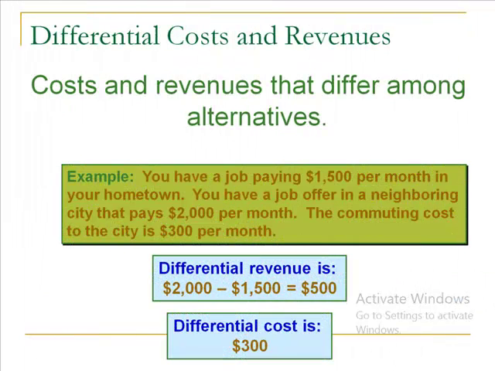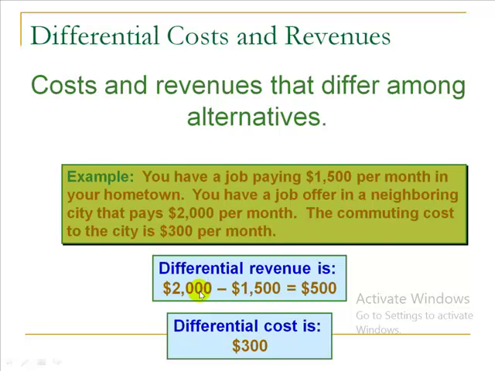This differential cost is also known as incremental cost, which is the difference in cost between any two alternatives. Between these two alternatives, this 300 is the differential cost.